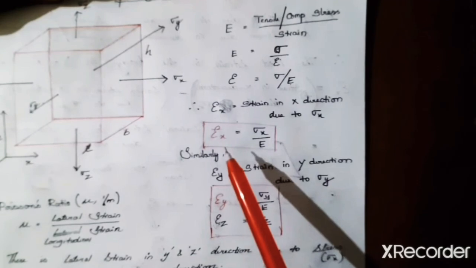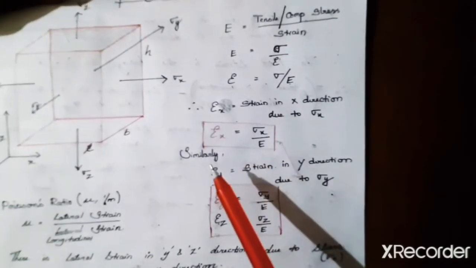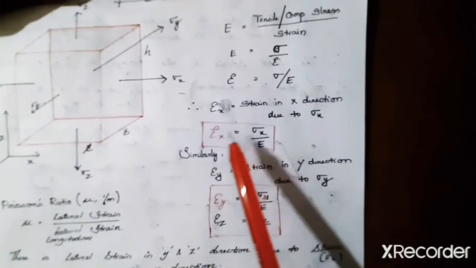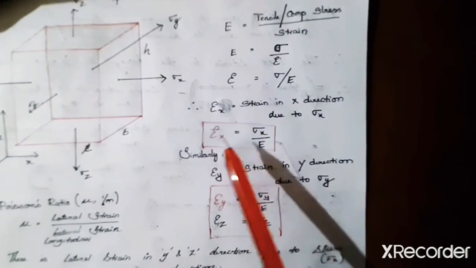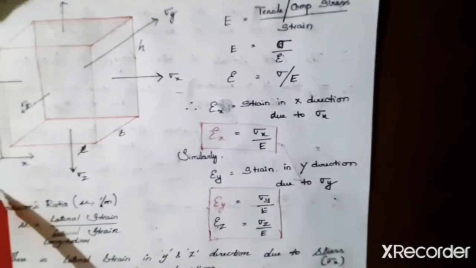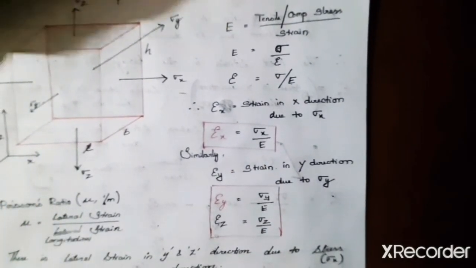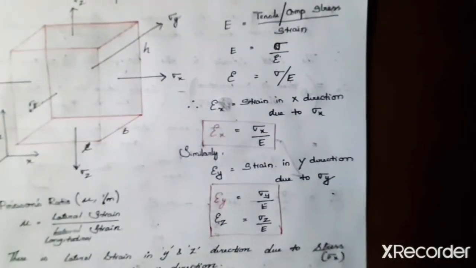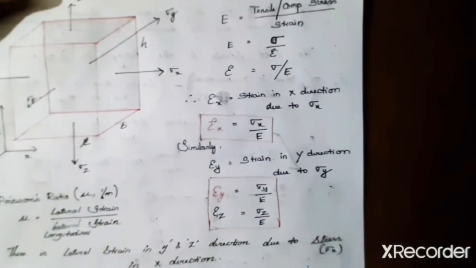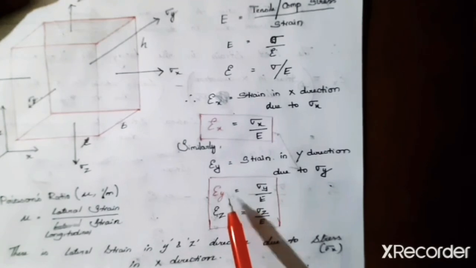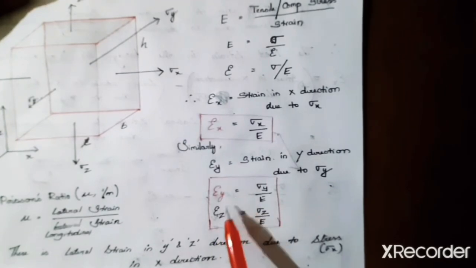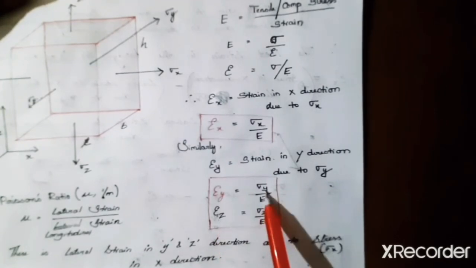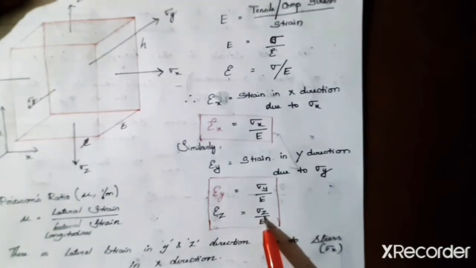We are going to see a little bit about that too. So epsilon x is the longitudinal strain in the x direction because of sigma x. Epsilon y and epsilon z are the longitudinal strains in y and z directions because of the normal stresses sigma y and sigma z.